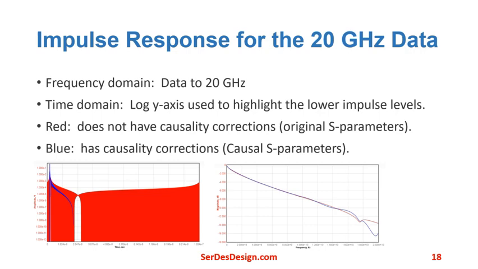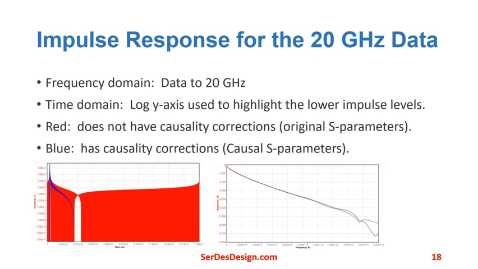The response in blue has causality corrections applied using the SerDesDesign.com anti-aliasing algorithm. With causality corrections applied, the impulse in blue is 0 before the impulse's inherent time delay of 1 nanosecond and is 0 after 18 nanoseconds. However, the impulse in red for the original S-parameters clearly shows its non-causal characteristics.